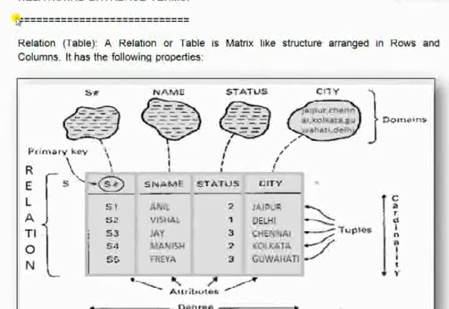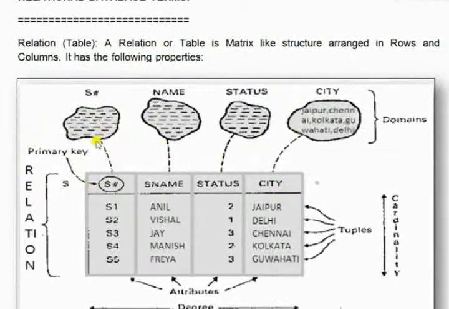The relational database terms. This is where you find the relation, tuples, attributes. If this is a table, these are the columns: S name, status, city, and S hash. This was taken as a primary key, and these are the various fields.